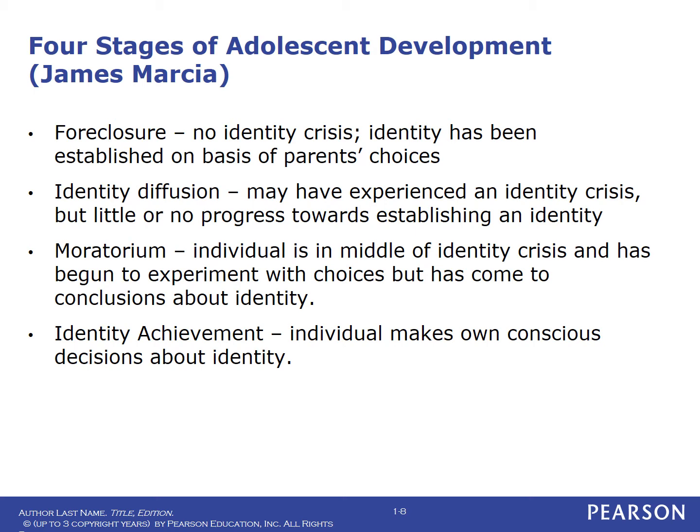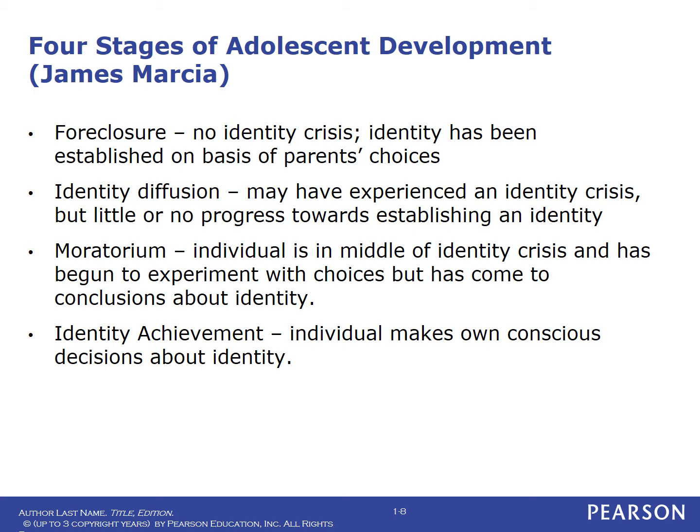Identity diffusion, some adolescents are in this. They may have experienced an identity crisis, but they've made little or no progress of their own towards establishing an identity. Moratorium is a third stage. This is when the individual is in the middle of an identity crisis and has begun to experiment with choices but has come to no conclusions about identity.